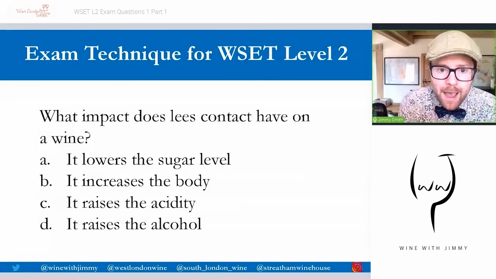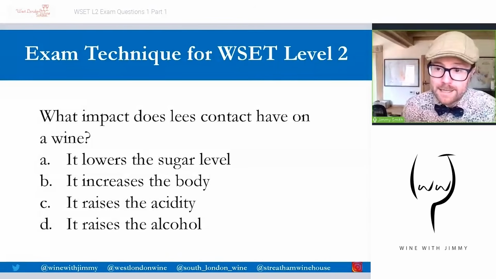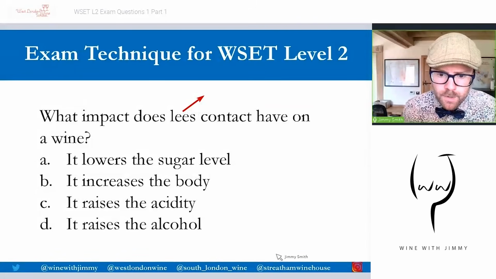So what impact does lees contact have on a wine? So first of all, it is important to understand what lees actually is or are. So let's do a little arrow just here. Here we go. So lees, I'll actually do this in blue so it suits the slides. There we go.